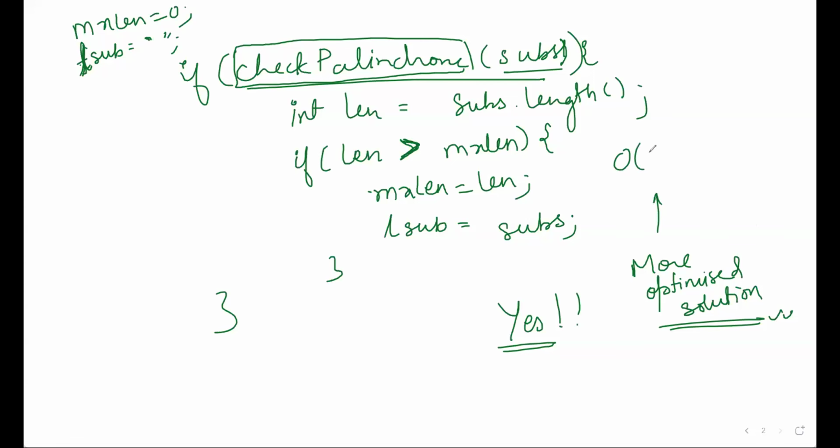More optimized means I am currently solving the problem in O of n cube time. I want to solve it in better than O of n cube, like O of n square. Think about O of n square.